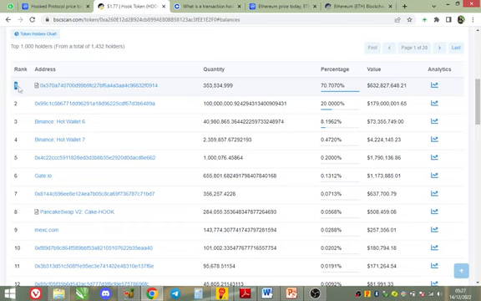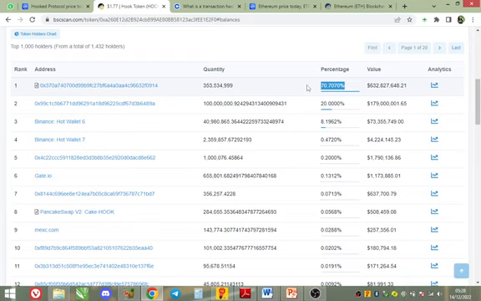The first ranking is 70 percent, which means this particular address is holding a very huge quantity of this token.